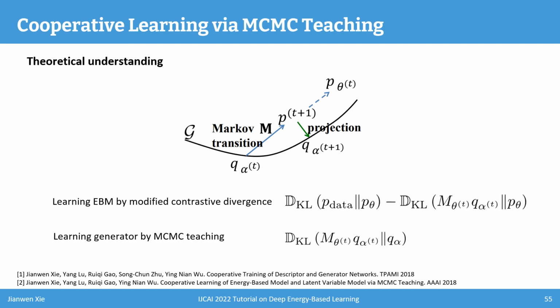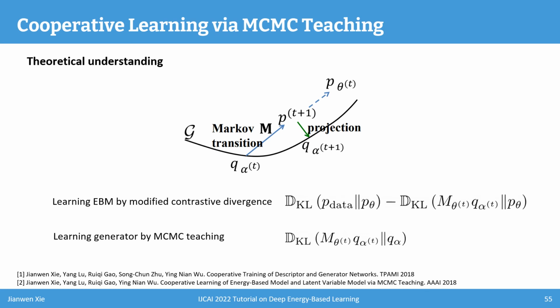Let M theta be the Markov transition kernel of multiple steps of Langevin dynamics that samples the EBM p theta. For any distribution Q and any Markov transition kernel M, let M times Q be the marginal distribution obtained by running the Markov transition M from Q.